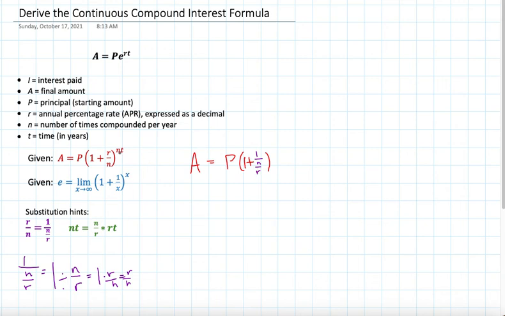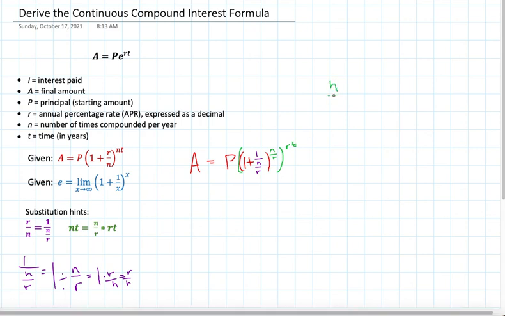Now this exponent of n times t, we can replace that with this hint here. What we're going to do is raise this to the power of n over r, and then raise that again to the power of rt. The reason I can do that is because of the exponent properties: when you have a power to a power, you can multiply these.